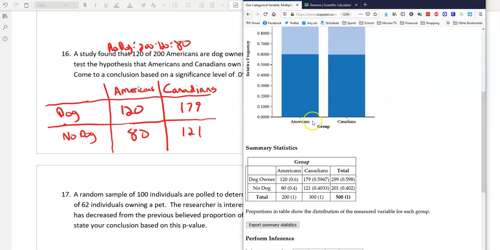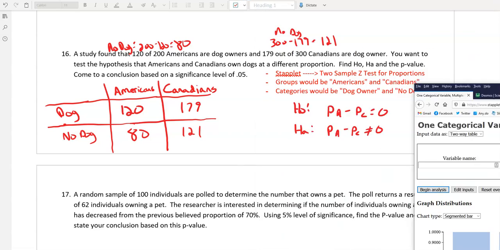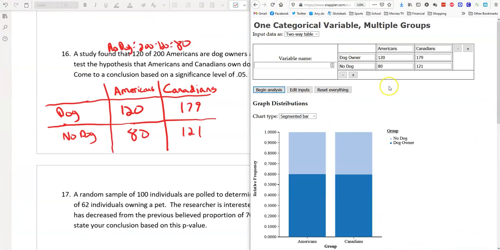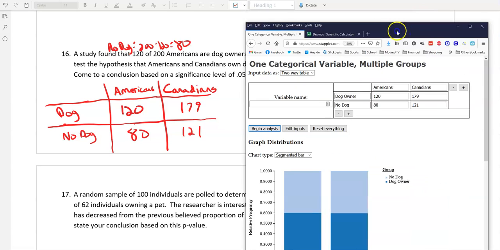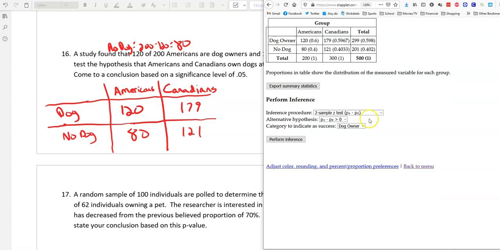So 60% of Americans were dog owners, that's 0.60, and 59% of Canadians were dog owners. So they're not very far apart. You can tell that already. So I'm expecting this test to fail, like we'll fail to reject it right here. We're using a significance level of 0.05. So on this one, let's go down and do our test now. We're trying to prove that they are different, so not equal to.